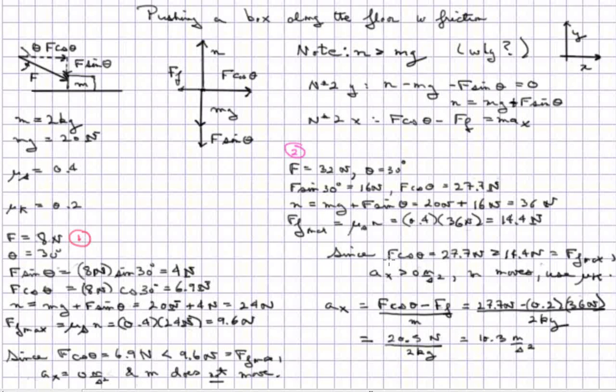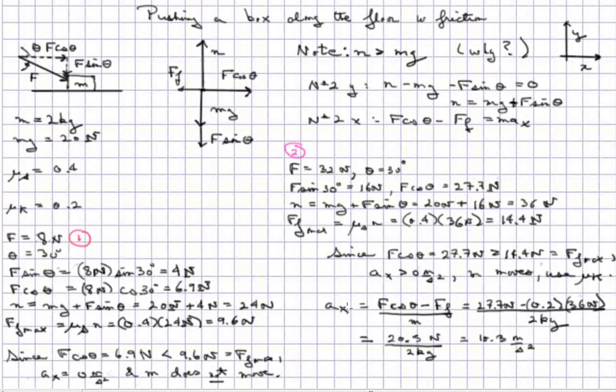But since the x component of our applied force is 27.7 newtons, and that's bigger than 14.4 newtons, that means it is going to move. The acceleration is going to be bigger than 0. And furthermore, we need to use mu sub k. Since it will be moving, we have to use the kinetic coefficient of friction.